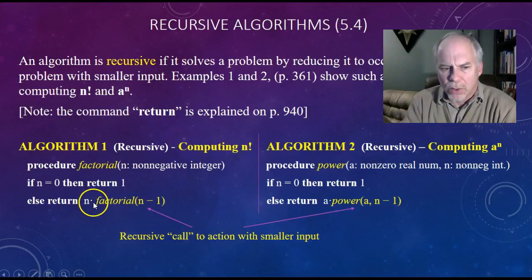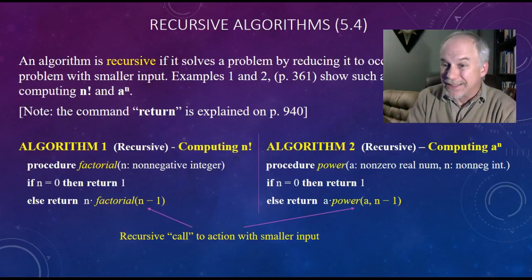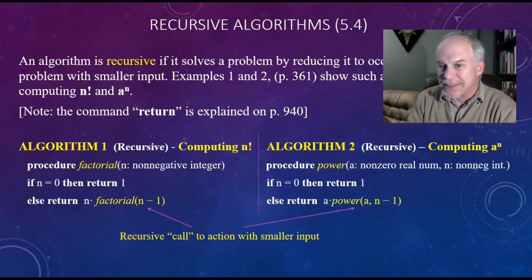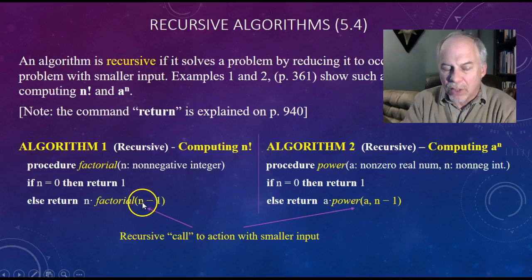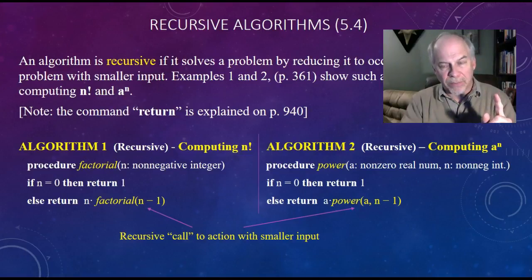Now, what in the world is this doing? Factorial is not a variable. It's actually the procedure itself. So it's calling into action the procedure itself. It's like calling itself into action, but this time with a value of n minus 1, or in other words, a value for n that's 1 less than it was before.